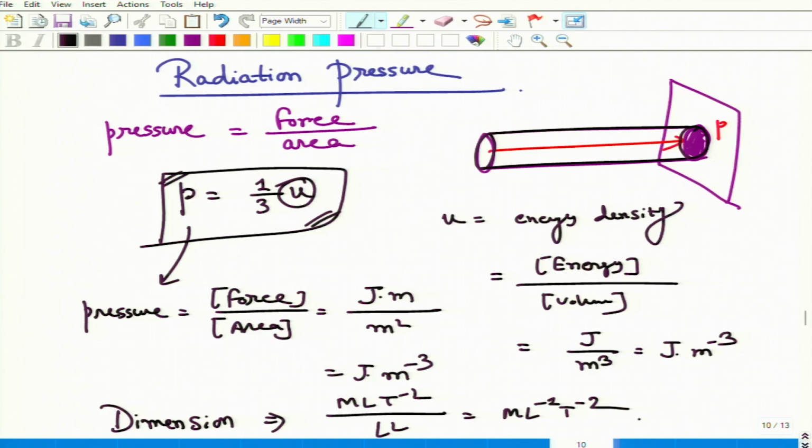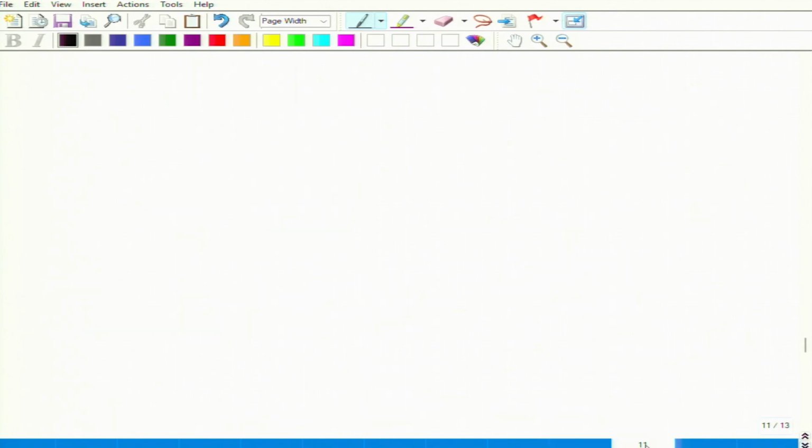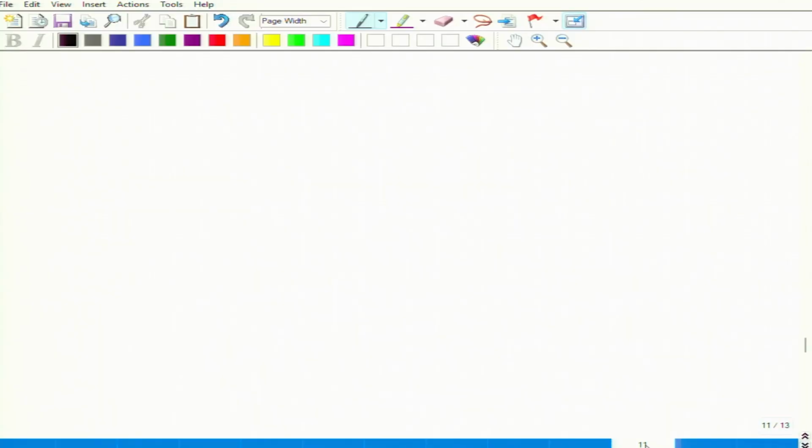Now, at the end, we will discuss some problems related to radiation pressure. In the last class we wrote down a problem, and in this class we will solve it. Let me write it down.